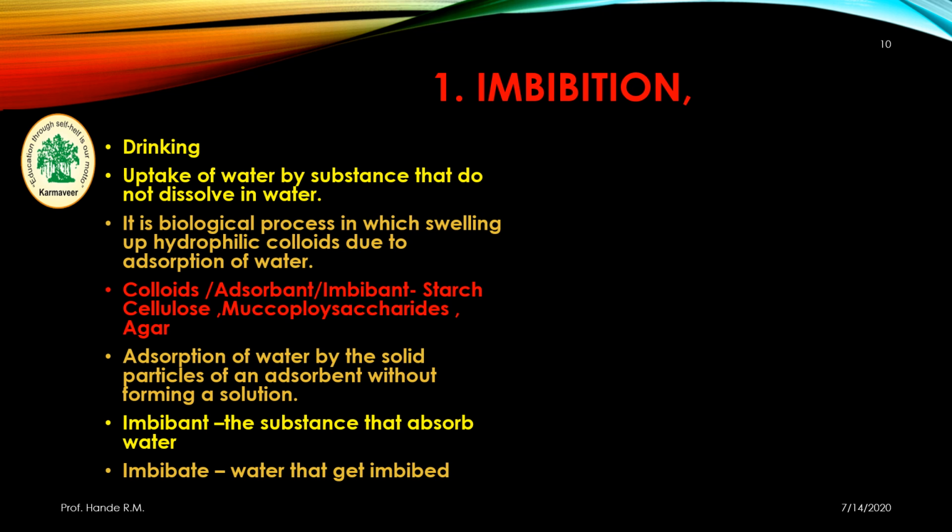Generally, during the imbibition process, water molecules get tightly adsorbed without formation of a solution. It continues till equilibrium is reached. Some significance of imbibition: first is the soaking of seeds and second is the swelling up of dried resins.